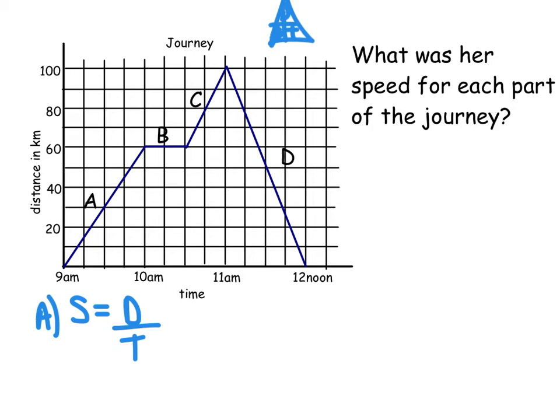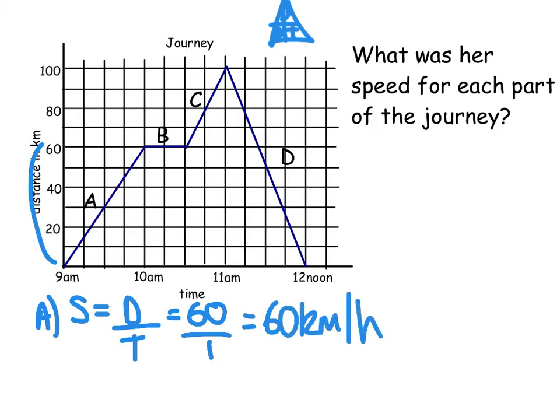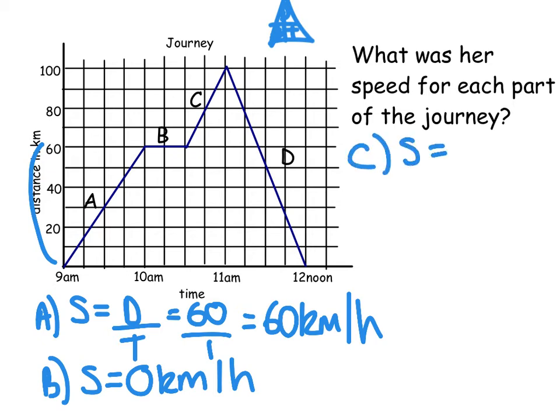So for part A, her distance from there to there was 60, and her time was 1 hour. So her speed for part A was just 60 kilometres per hour. Her speed for part B, she is stationary. So her speed is 0 kilometres per hour because she's not moving for part B. For part C, her distance is from 60 up to 100, which is 40, and her time is half an hour.